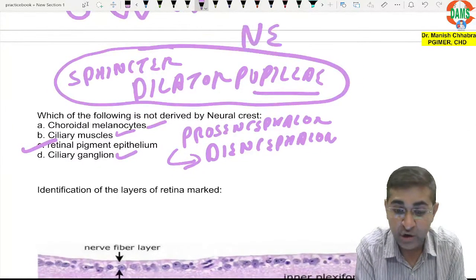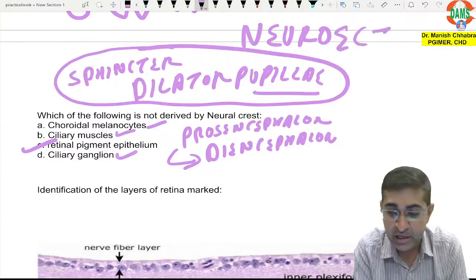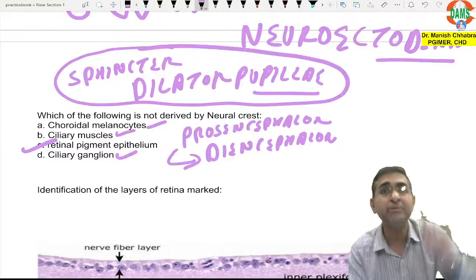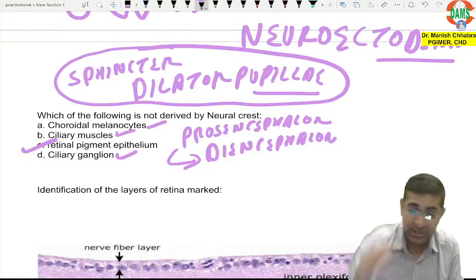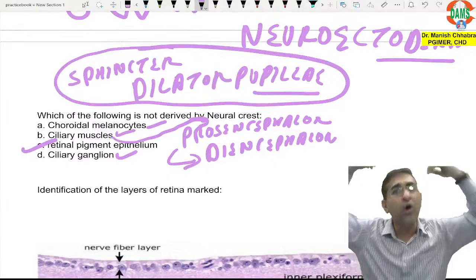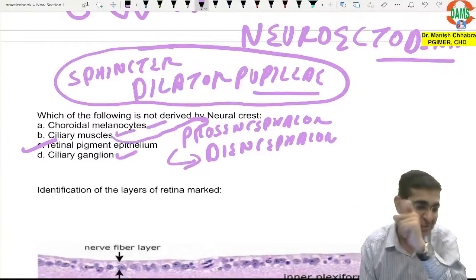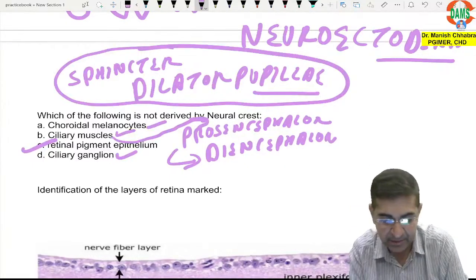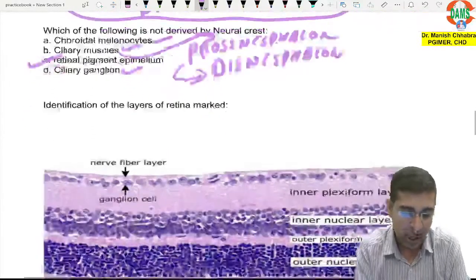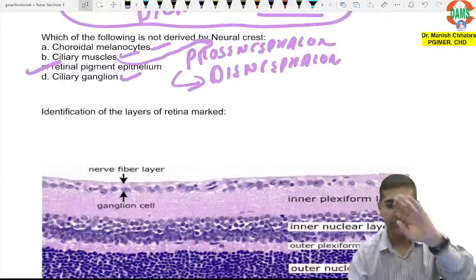That is why, boys and girls, the sphincter and dilator pupillae are neuroectodermal in origin, not mesodermal. And ciliary muscles are derived from neural crest. All the rest of the muscles in the body are derived from mesoderm. Is it understandable? Okay. So the other two structures, choroidal melanocytes and ciliary ganglion, are derived from neural crest.